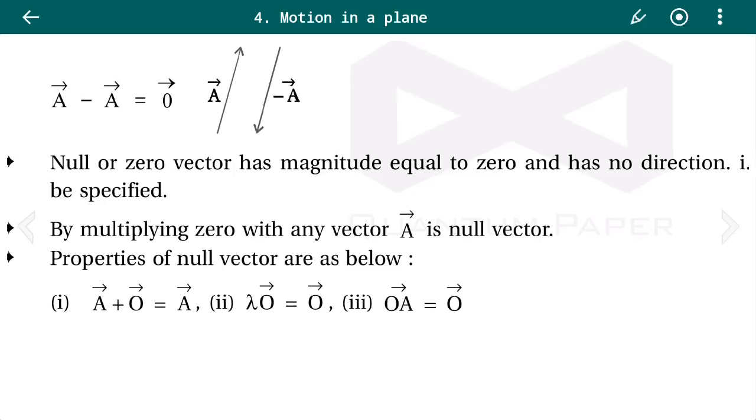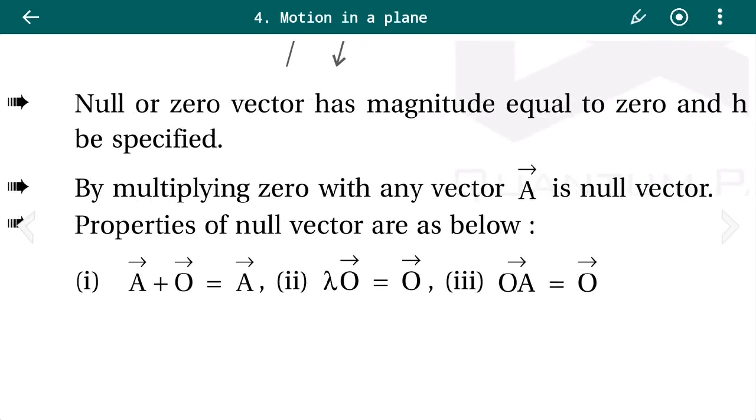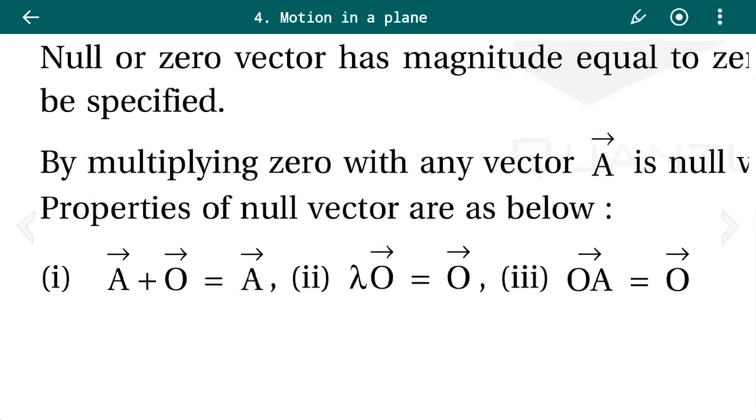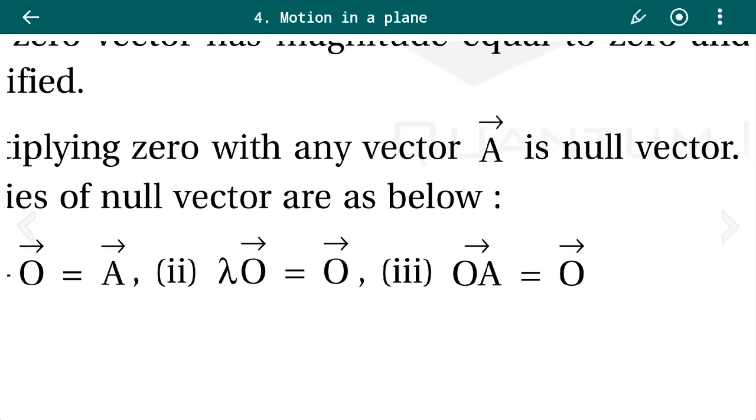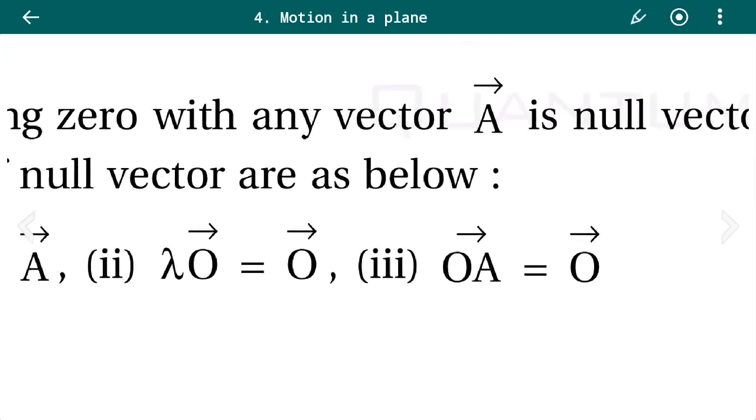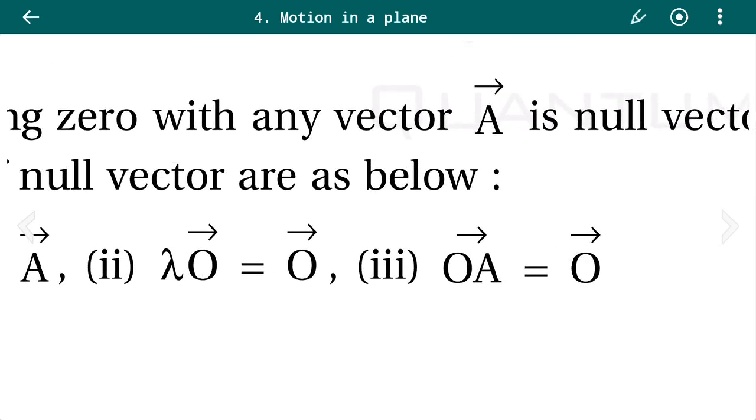Properties of the null vector. The same as what you apply in mathematics: any number plus 0 is the same number. So here also, any vector plus the null vector gives the same vector, that is, A vector plus 0 vector equals A vector. Then any real number multiplied with the null vector gives the null vector, that is, lambda times 0 vector equals 0 vector.